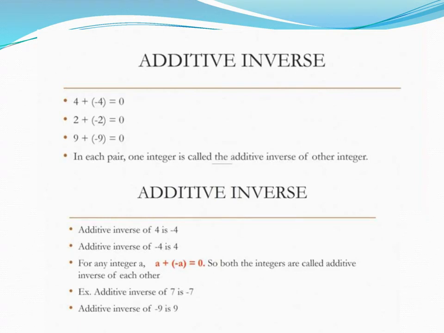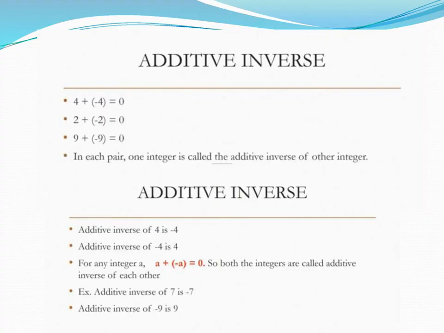Adding both, what will happen? We get the sum 0. So 4 plus minus 4 equals 0, and also 2 plus minus 2 equals 0, and another example, 9 plus minus 9 equals 0.